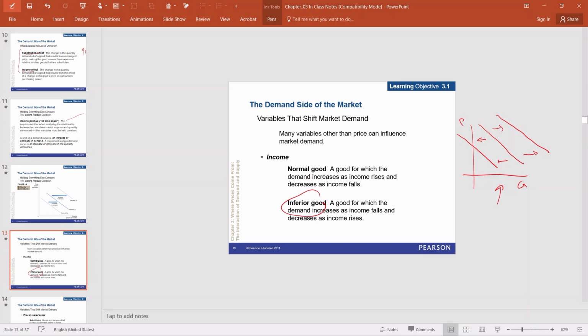That's why some people, when they get rich and have higher income, leave some of the products they used to consume, because now for them it's inferior. So the demand for these products will decrease at higher income because they go to better quality products.